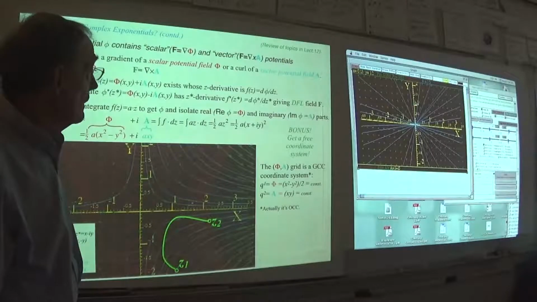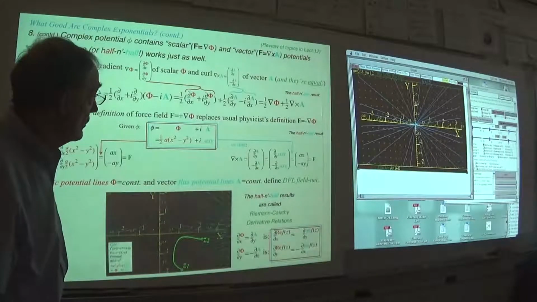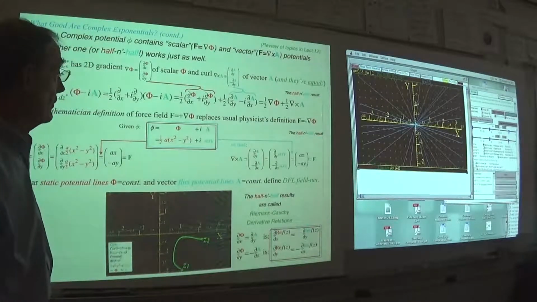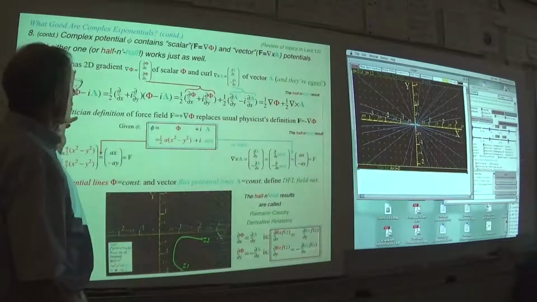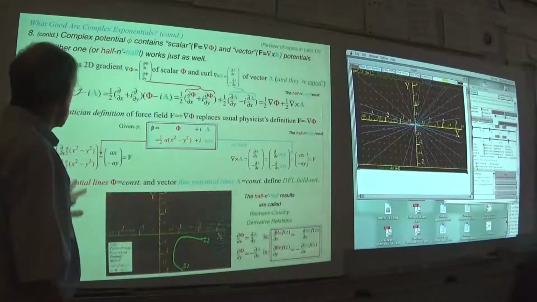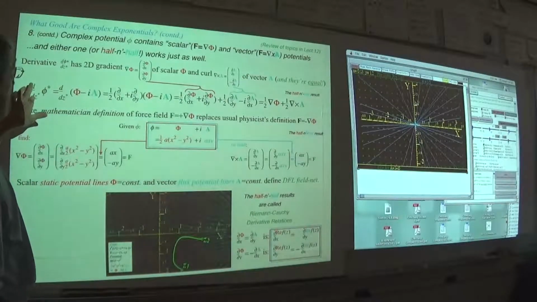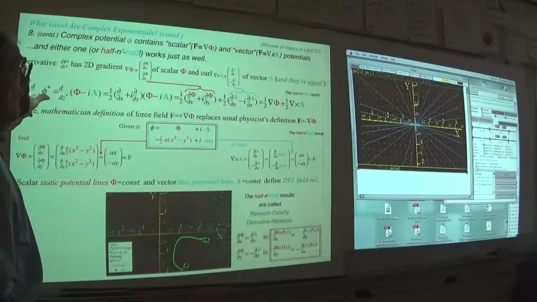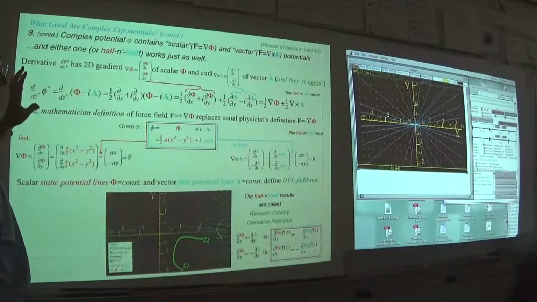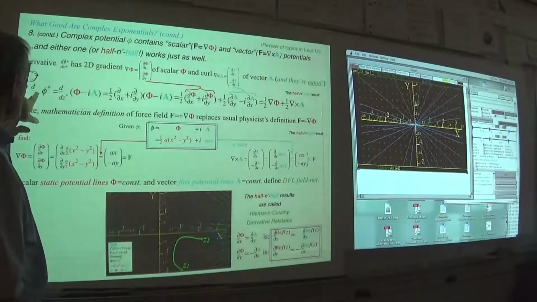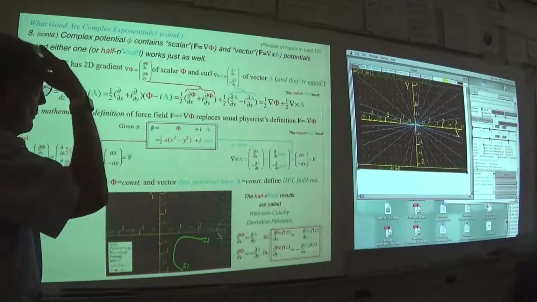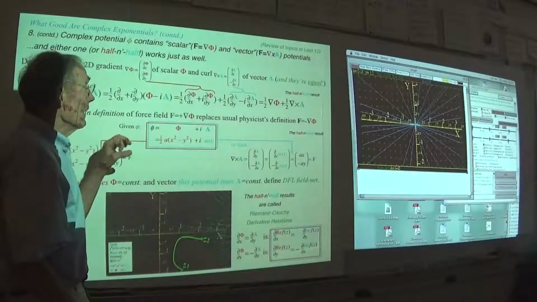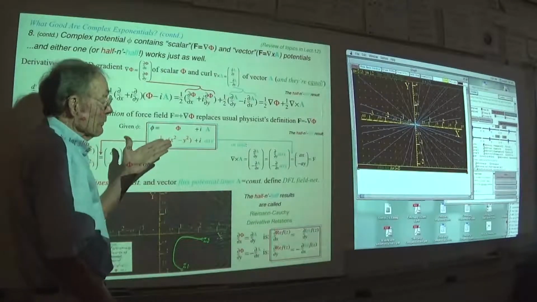Okay, let's see if I have anything else I need to say here. And that, I guess, is the important thing, is that you can write this force field as a derivative of a potential, and that potential was obtained by taking just a straightaway integral of f of z equals z.